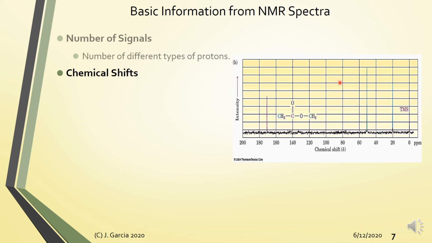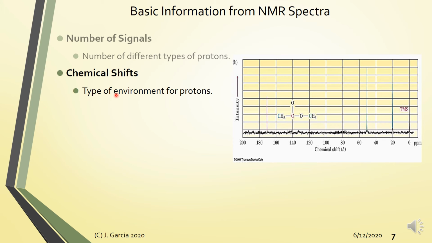Next is the chemical shifts. So the chemical shifts refers dun sa value kung saan tumapat yung peaks nyo doon sa x-axis, yung ppm. Usually this is denoted by the Greek letter delta, small letter delta. The value for the chemical shift of a particular peak will tell you about the type of environment for that particular nuclei, either proton or the carbon-13 signal.